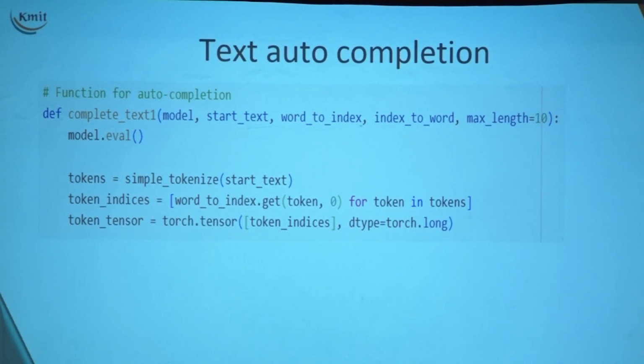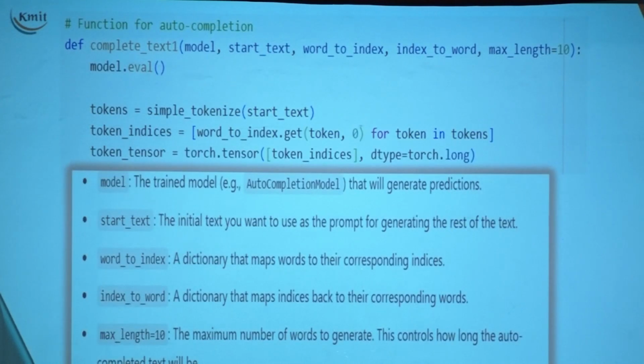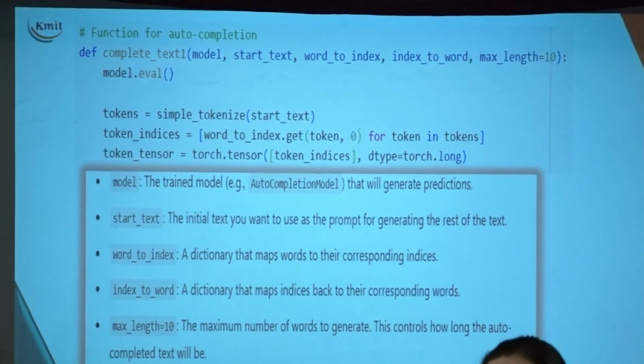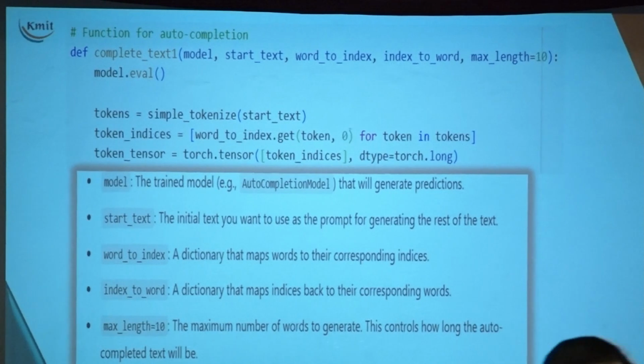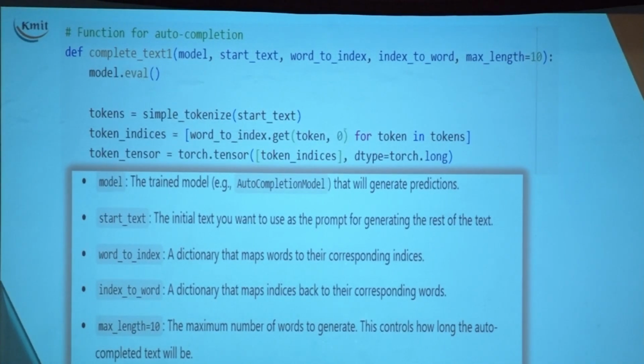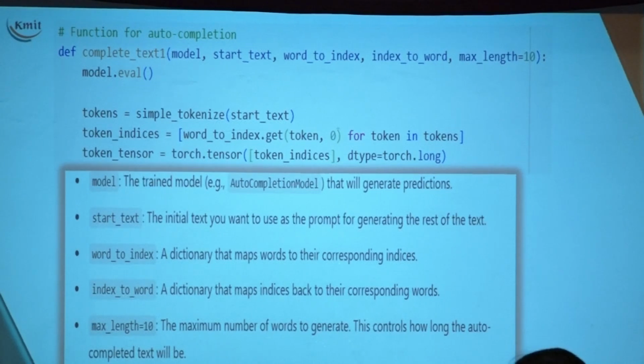What will be start text? Start text will be the 5 words that you will be giving to your model. It is the initial text that you want to give as a prompt to generate the remaining part of your text.